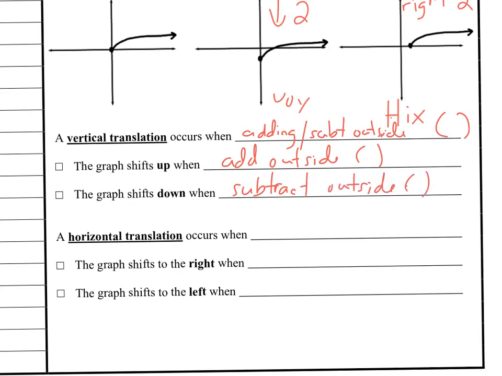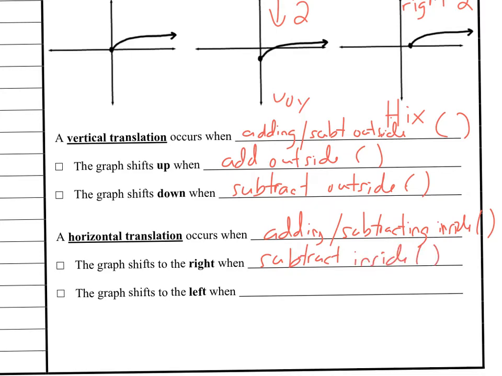A horizontal translation occurs when adding or subtracting inside parentheses, and we're going to use Hicks for that. So the graph is going to shift to the right when we subtract inside parentheses. Again, it's opposite what you'd expect.